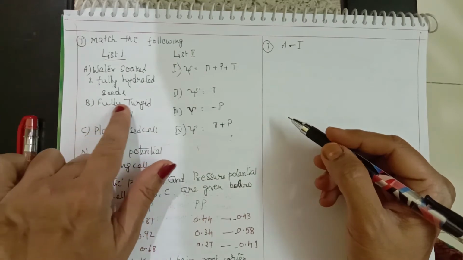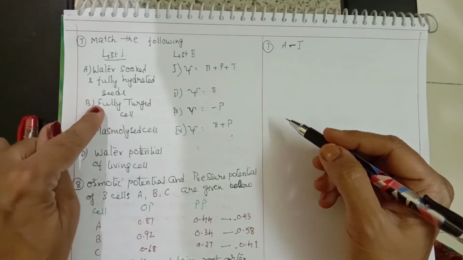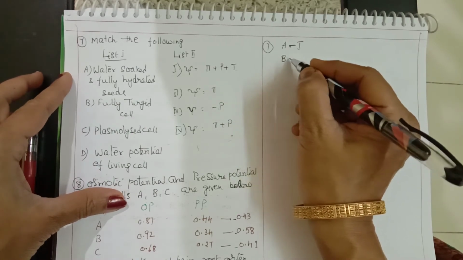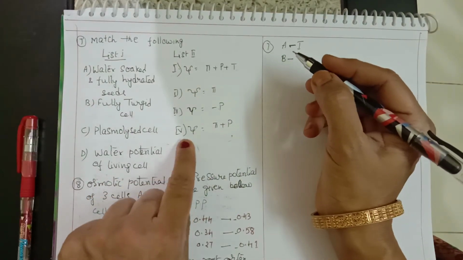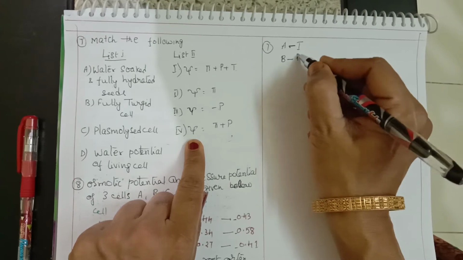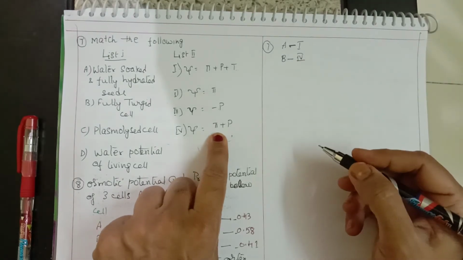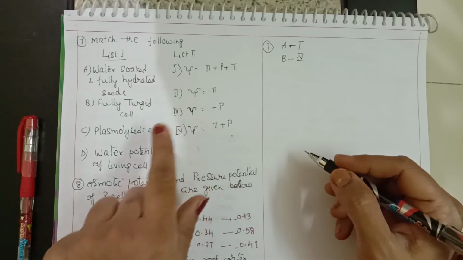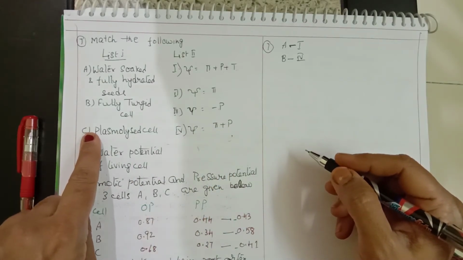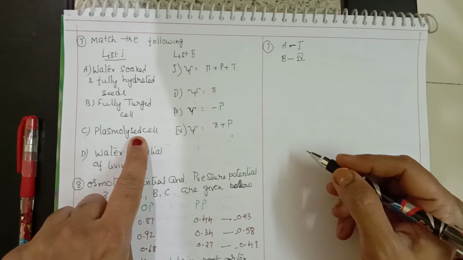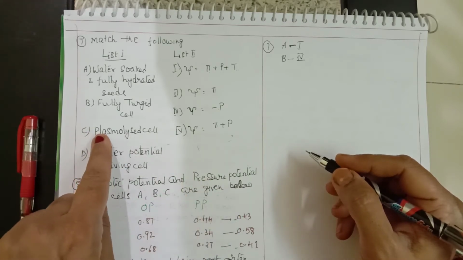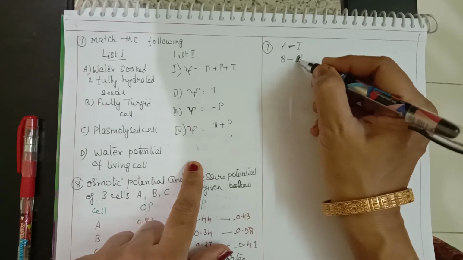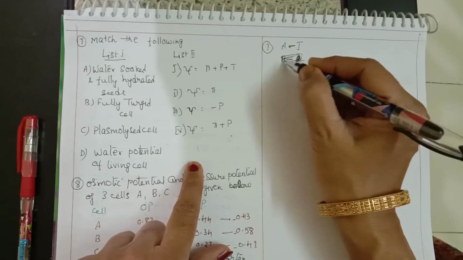Second condition is fully turgid cell. In a fully turgid living cell, both will contribute: osmotic potential plus pressure potential. Okay, let me, there is a slight change.